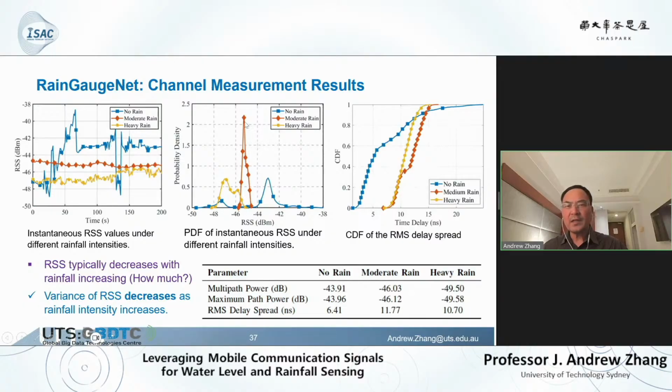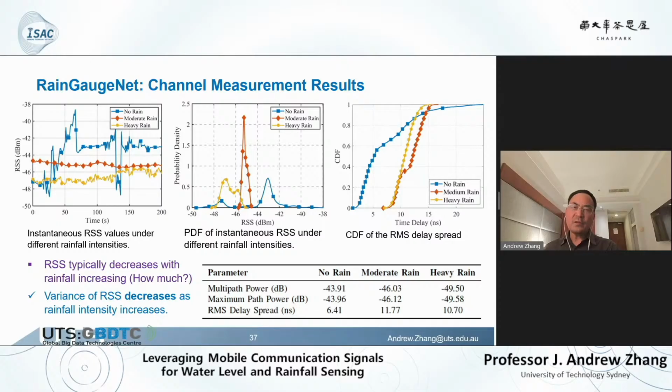So this is quite exciting, because if we can actually see such clear differences between different rainfall intensity and their impacts on the received signal power, then it will make rainfall sensing much easier.